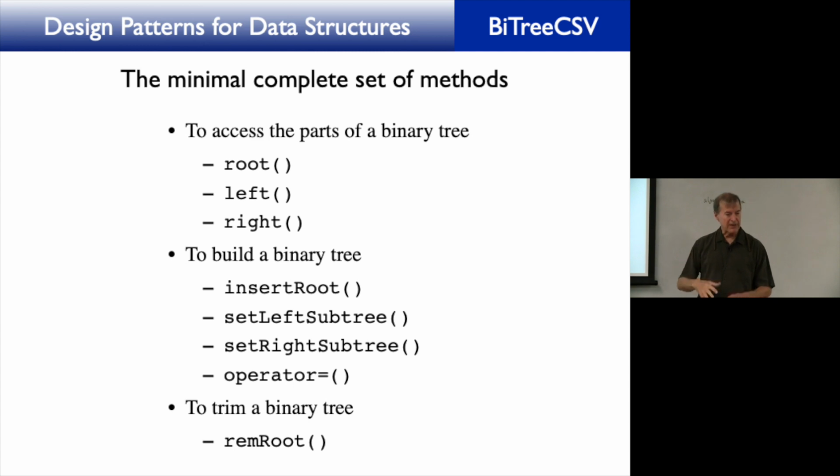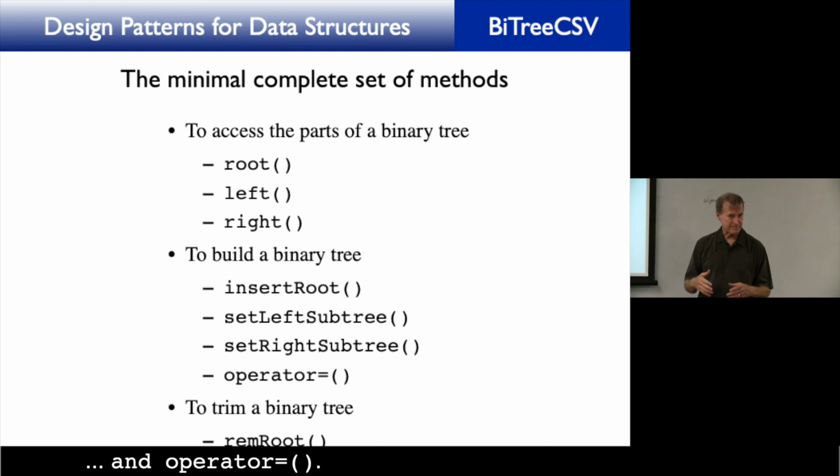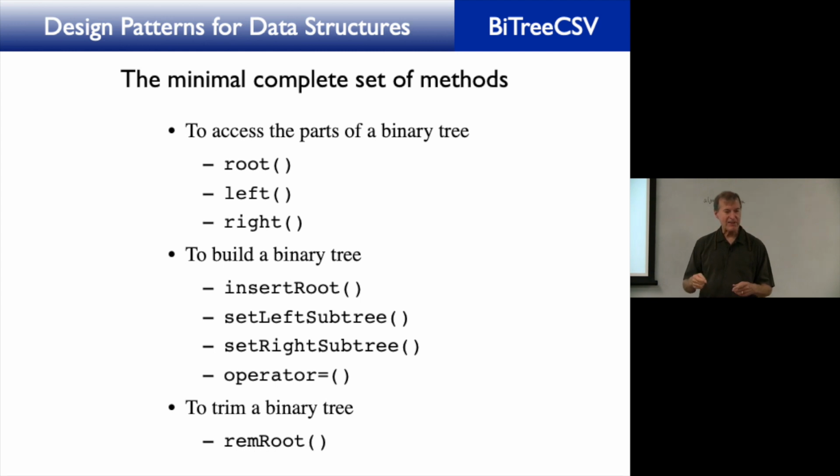Now, to build a binary tree, if you want to change it, there are 2 ways to make it bigger. You have insert root, and you have set tree. Remember how set tree worked? Okay? So you got insert root and set tree. And the only way to trim a binary tree, in other words, to get rid of part of it, you have one thing, and that's what? Rem root.